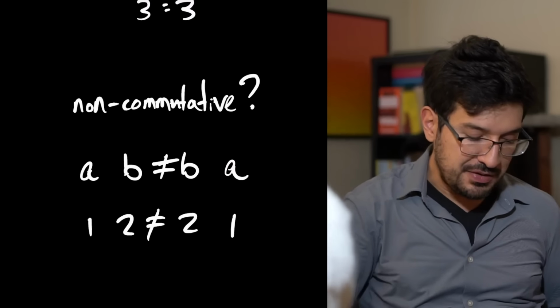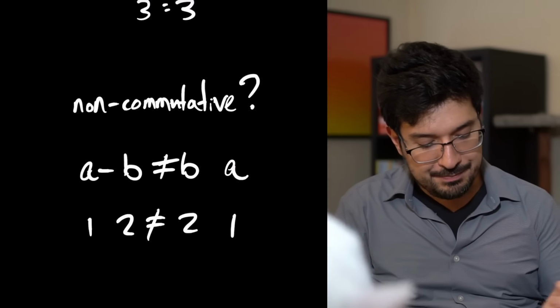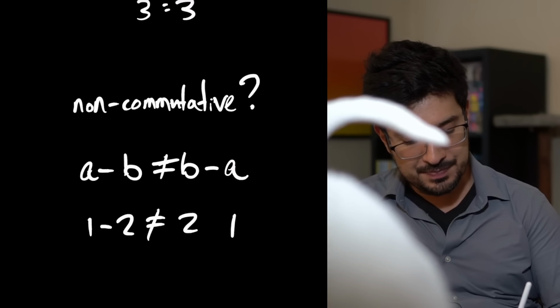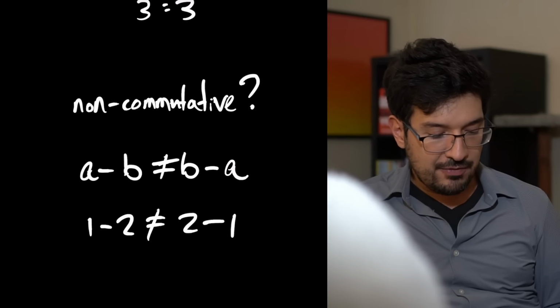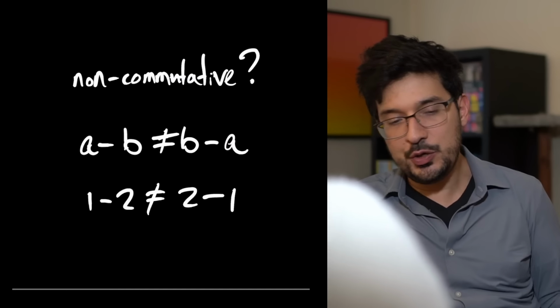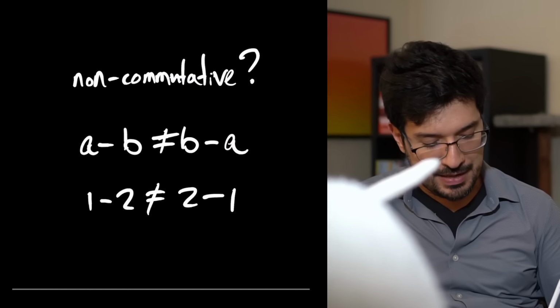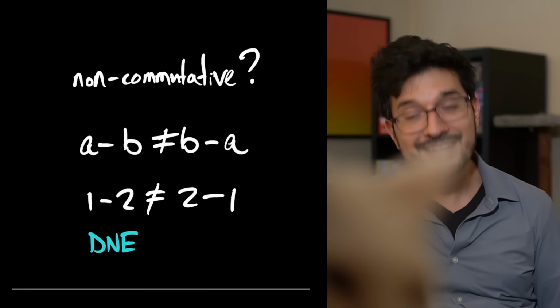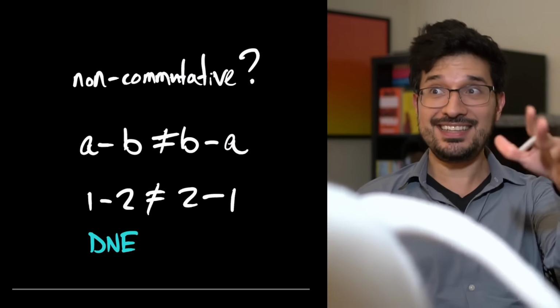I think that you found it. A minus B is not the same as B minus A. If I have one apple and then I try to eat two of them, that doesn't even make any sense. 1 minus 2 is not even a number yet. We will invent it later.